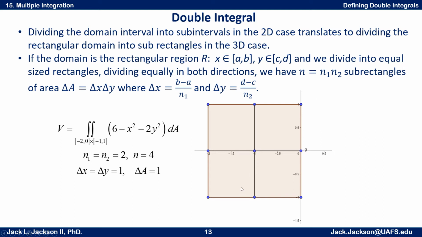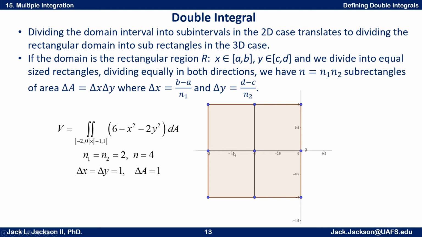Let's say n1 is the number of ways we divide up horizontally. So this x interval is divided into 2 pieces by drawing the vertical line here. Then n2 is the number of ways we divide up the y, which is also 2. So we divide it right here at y equals 0, and we have 2 times 2, 4 total sub-rectangles.